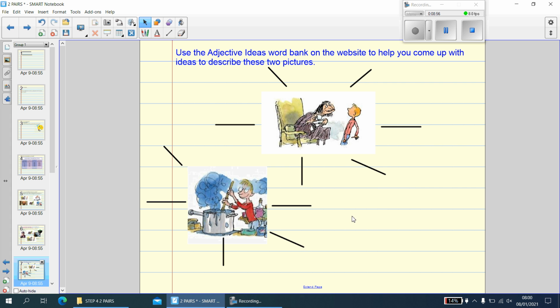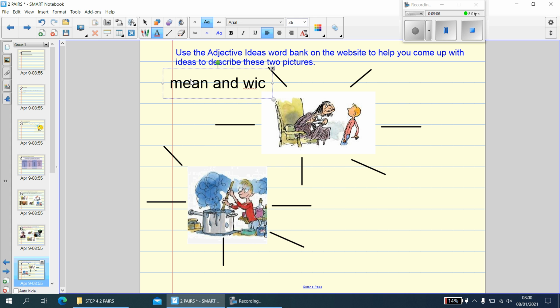For George down here, in fact, I'm going to write an example on each of what I would like it to look like. So here, that's a bit big, I would write mean and wicked. Okay, so sorry, I lost my train of thought there. So I've got mean and wicked, and I think I also said something like horrid and grumpy. If we write it in pairs now, it just saves us time when we're writing our two-pair sentence because they're ready to go.